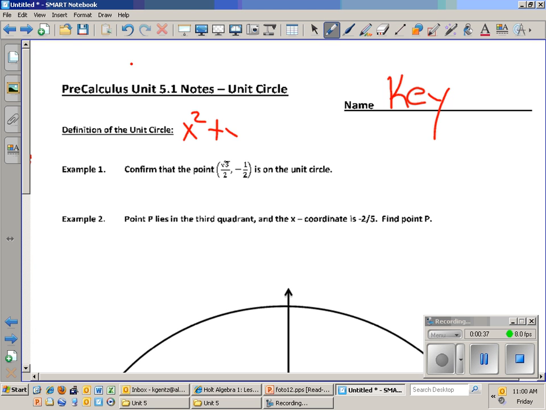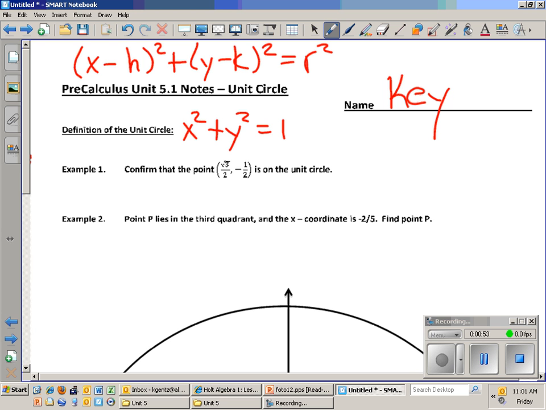The unit circle has the formula x squared plus y squared is equal to 1. If you recall, a circle has this formula, x minus h quantity squared plus y minus k quantity squared equals r squared.